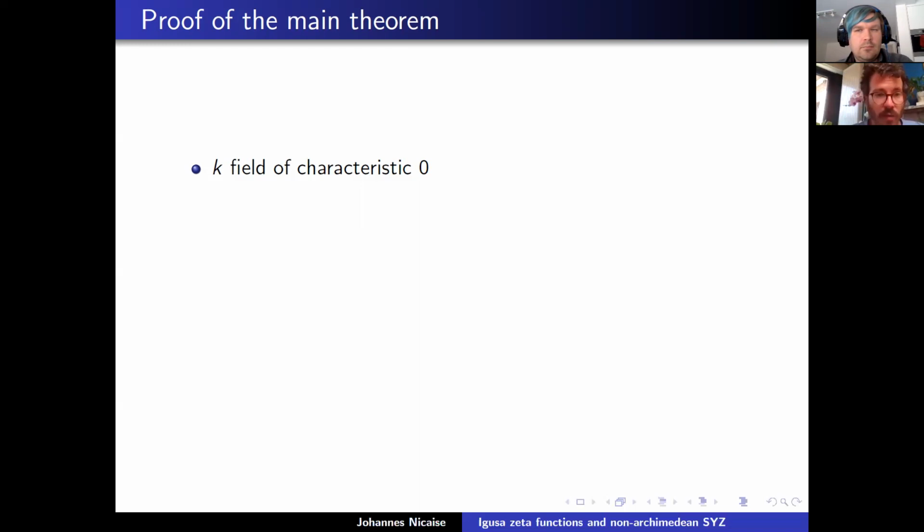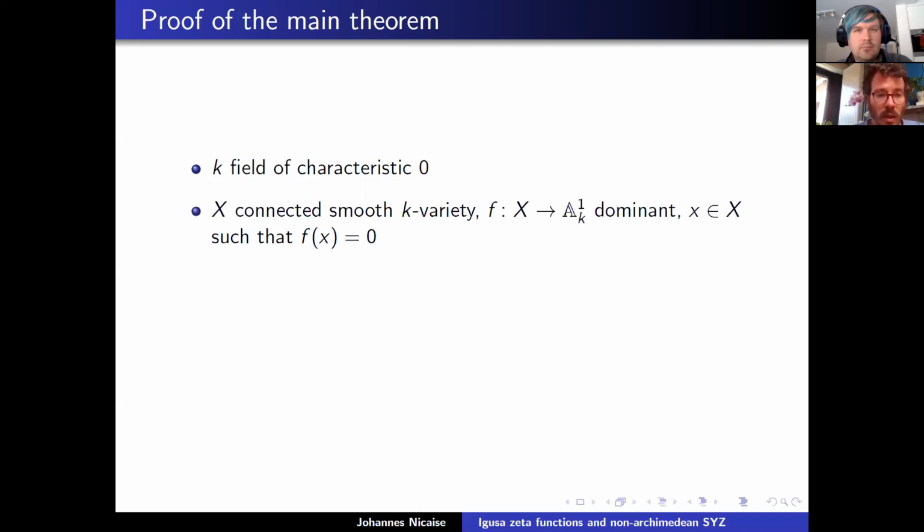So we take a field K of characteristic 0. We take any smooth connected K-variety X with a dominant morphism F to the affine line. And we take a point x in the zero locus of F. In our previous setting, F was a polynomial in n variables, and then X was just affine n-space. But the theorem holds in this greater generality.